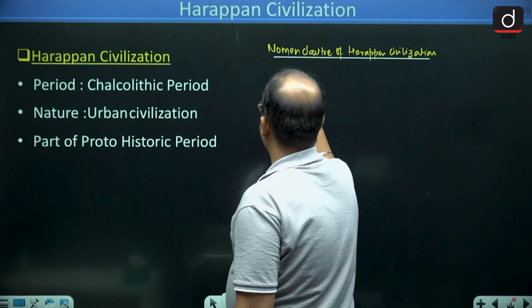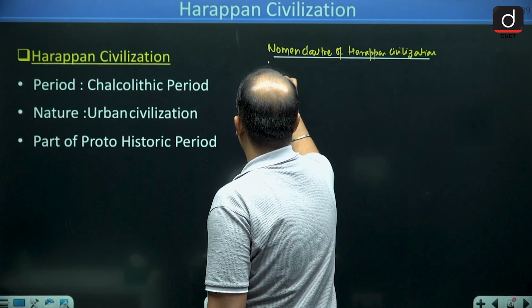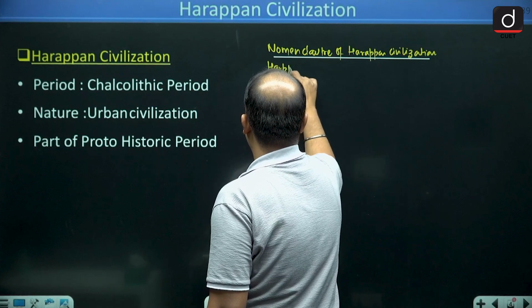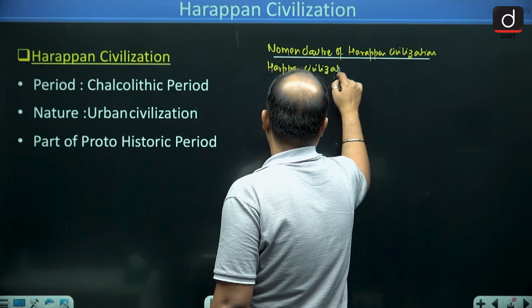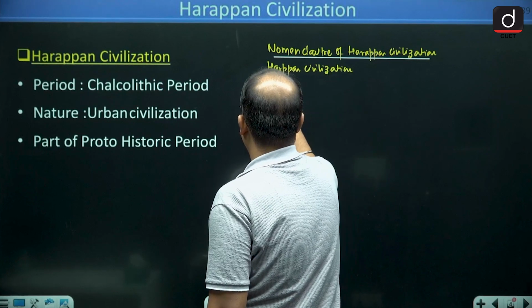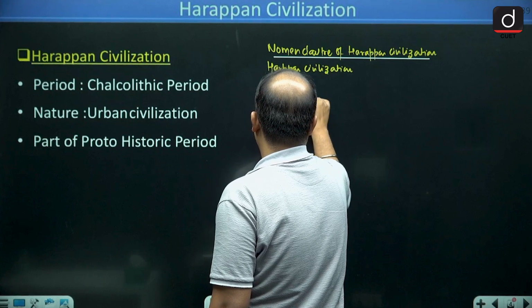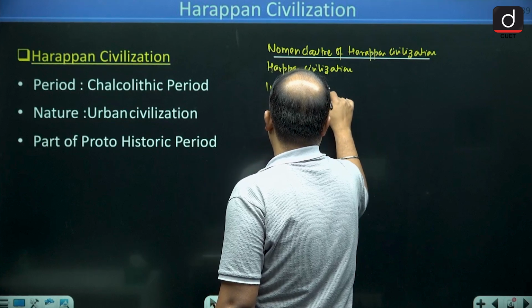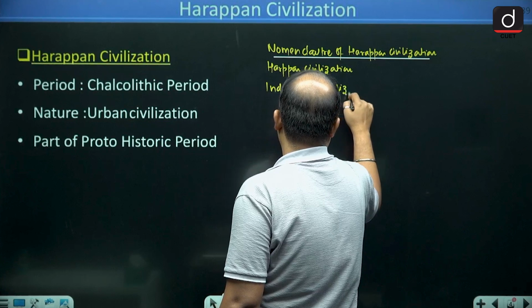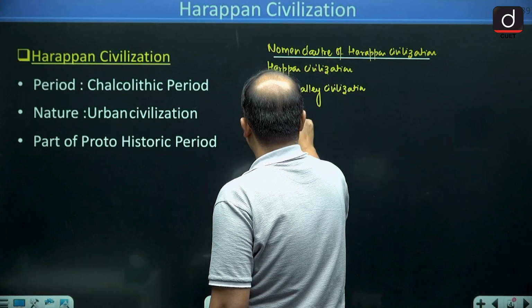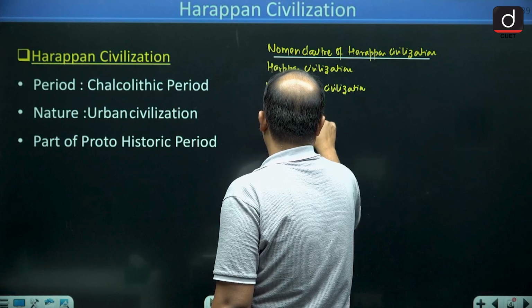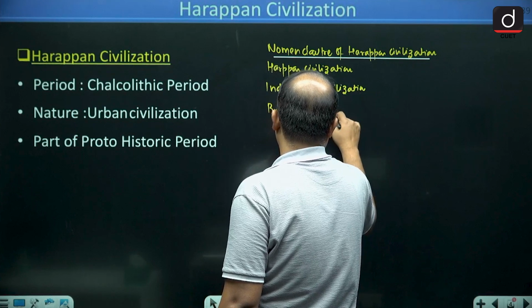First of all, this civilization is known by the name of Harappan civilization. Also it is known as Indus Valley civilization, and it is also known as Bronze Age civilization.